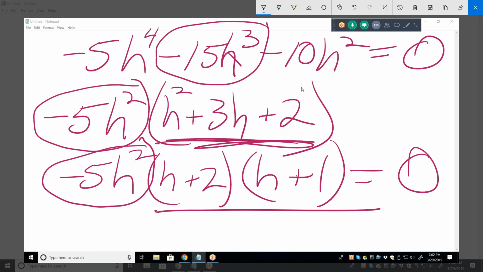It's not just h equals minus 2 and h equals minus 1. Those are two solutions, but you also have the factor that can be 0, so you can have h equals 0. If you don't carry that down, you won't pick up that solution and you will lose points for sure. So whether you're solving an equation or just factoring an expression, don't forget that greatest common factor that you took out.